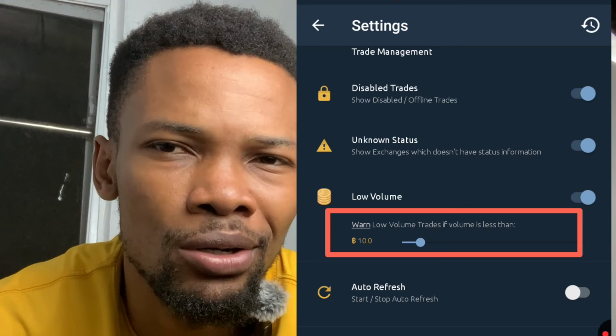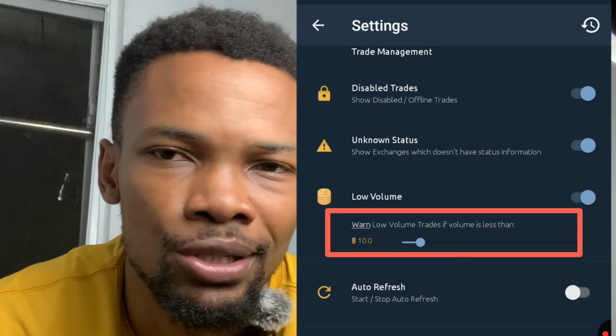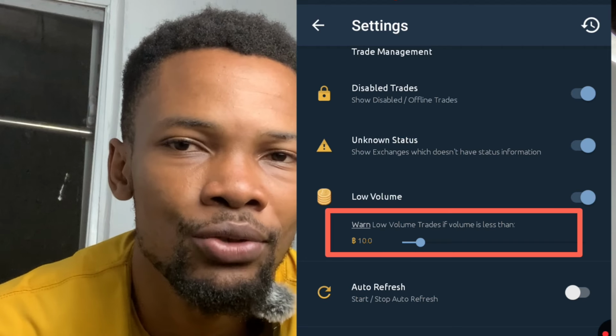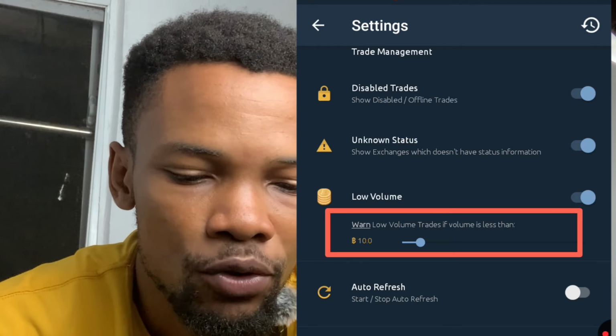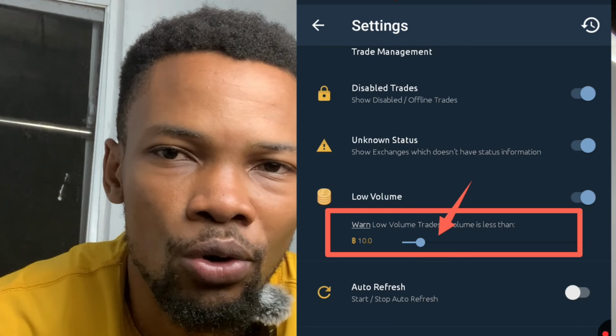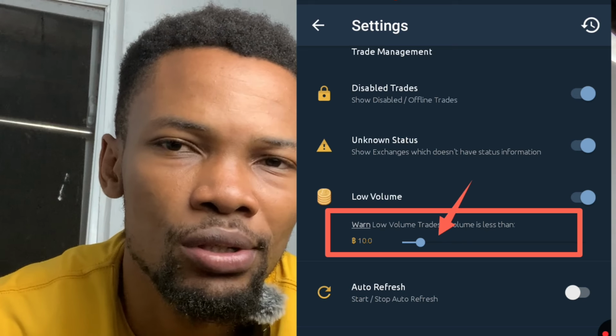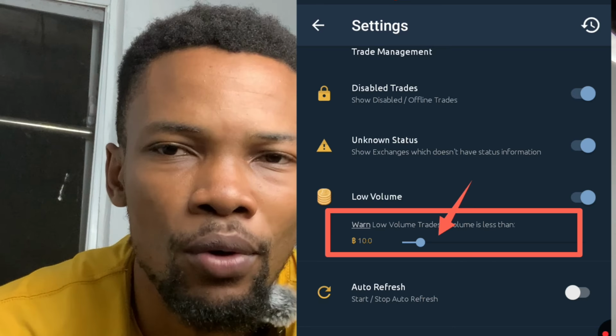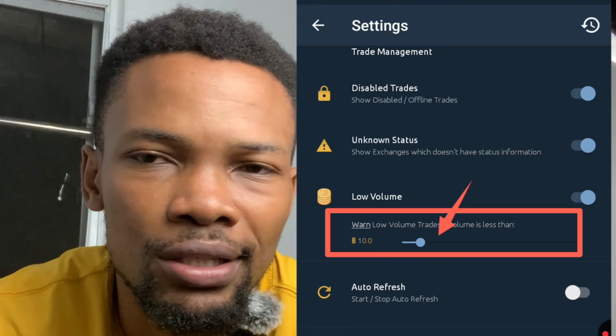But if you see billions and millions of US dollars exchanging for Shiba Inu, it means many people are trading with it, and there's a reason, maybe because it is profitable. So this volume is a way to reduce or increase your specifications. If you want cryptos that a lot of people are trading with, then you can increase the volume.